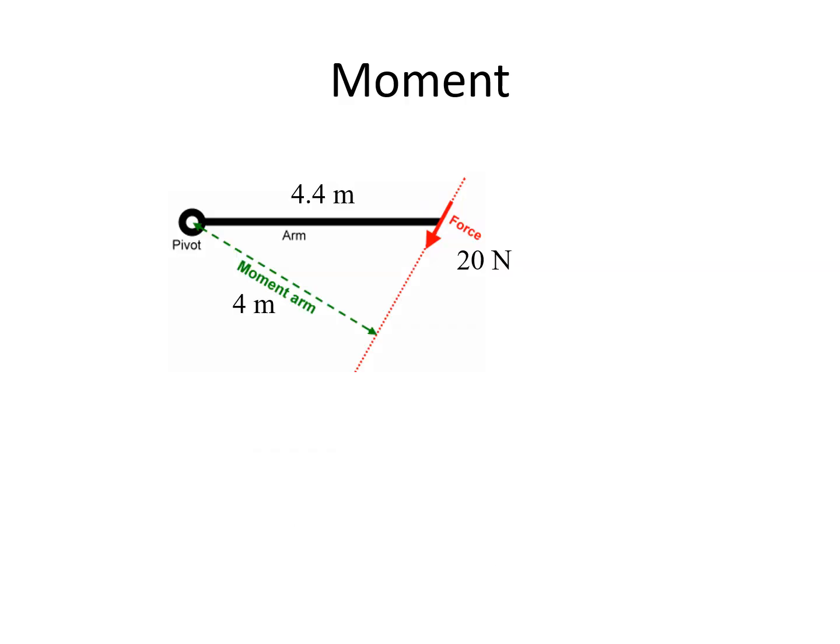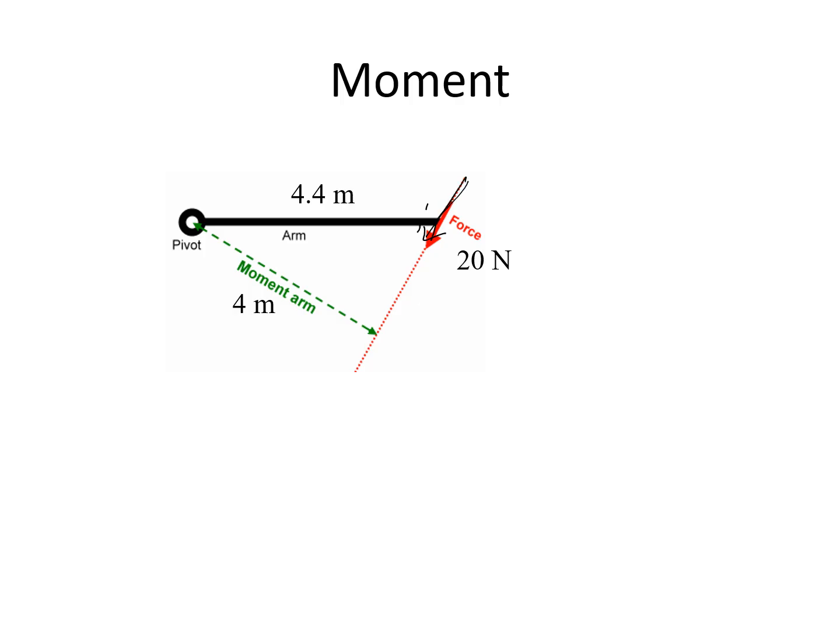Now it's very important again that we get the perpendicular distance from the turning point to the line of action of the force. So here we have this arm that's 4.4 meters and a force that's applied. But this distance is not perpendicular.